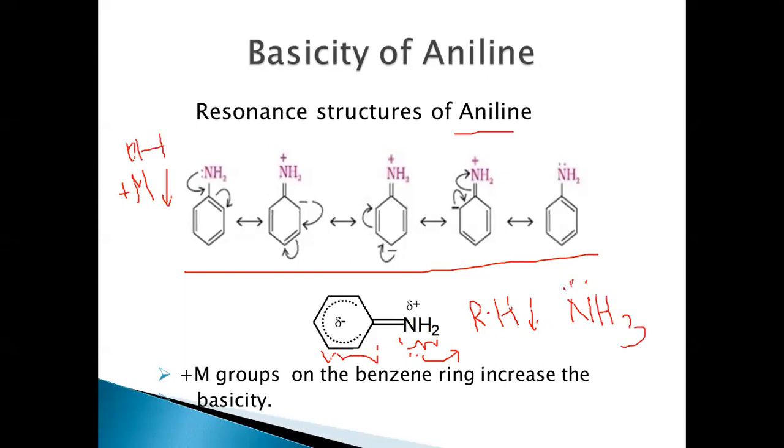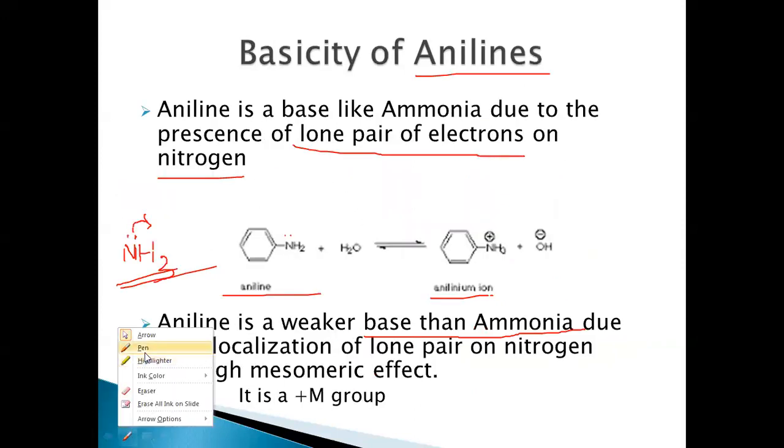So the electron density is less on the nitrogen of aniline when compared to that of ammonia. This is because of the mesomeric effect, or the delocalization of the electron pair on the nitrogen. As a result, this will decrease the basicity of aniline. So aniline is less basic, or a weaker base, than ammonia.